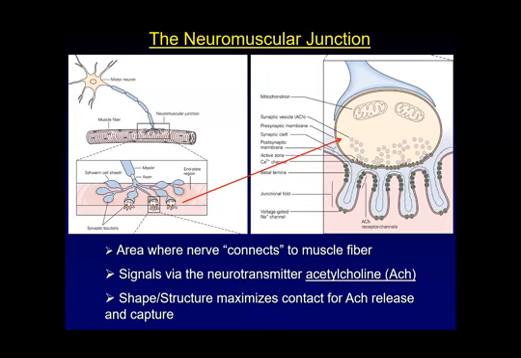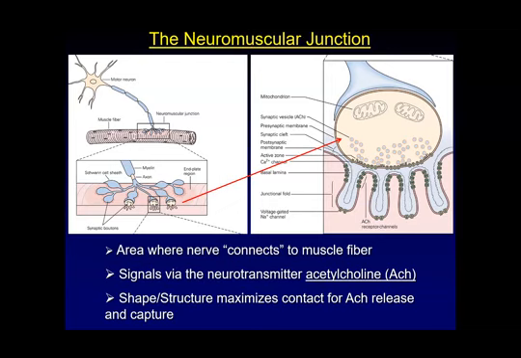So the nerve side maximizes surface area so it can hold its neurotransmitter. The muscle side maximizes surface area so it can have lots and lots of receptors for that neurotransmitter. The green little things here are acetylcholine receptors.